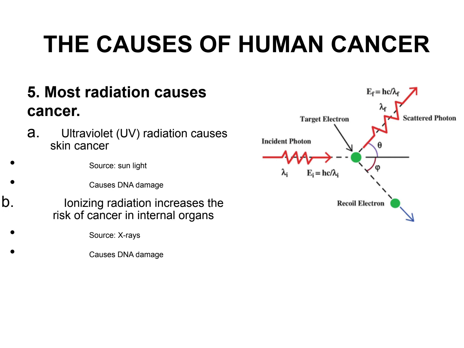Then we have ionizing radiation. This is a much more dangerous type of radiation. It's a little bit stronger than UV, and we would get that source from X-rays and those kinds of imaging things. That can increase our risk of getting cancer, and it can actually penetrate further into our body, so we have a higher risk of cancer in our internal organs.